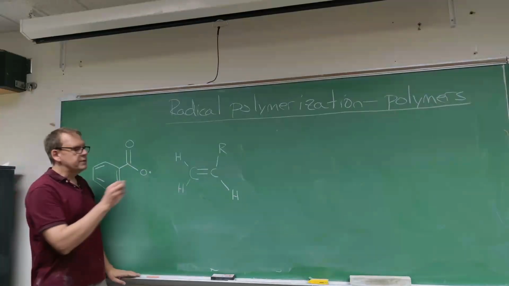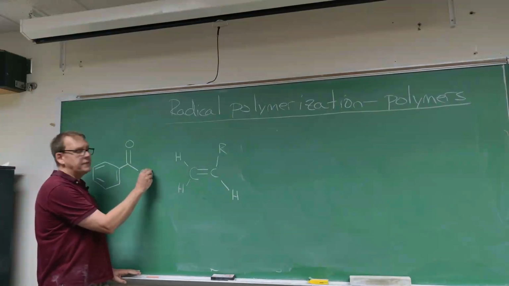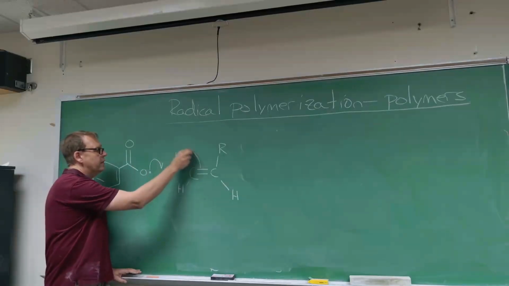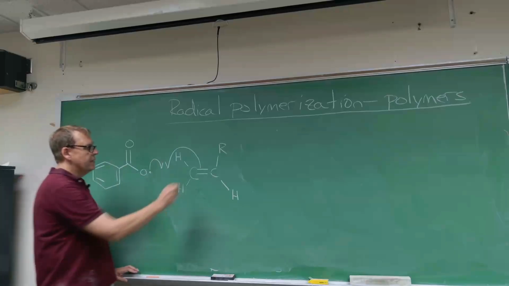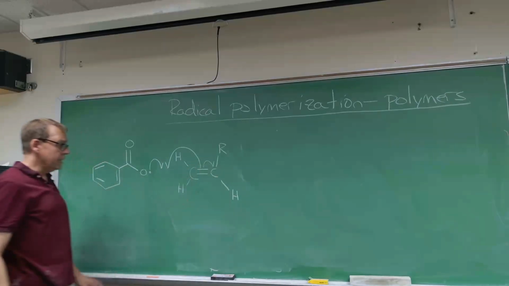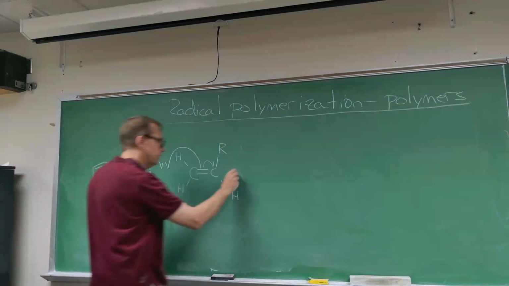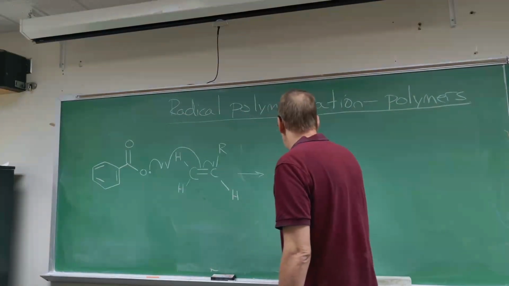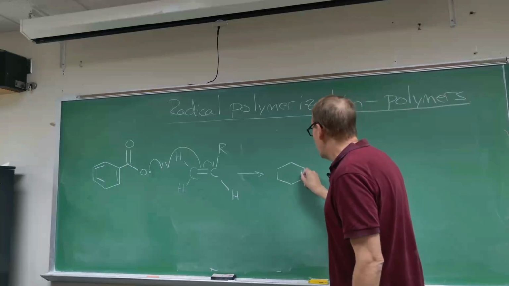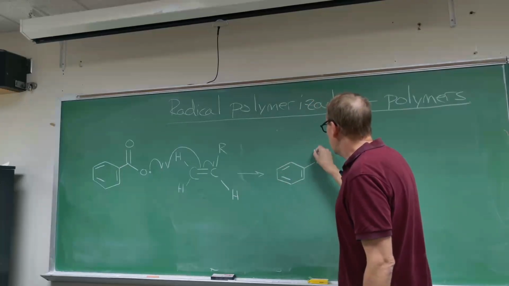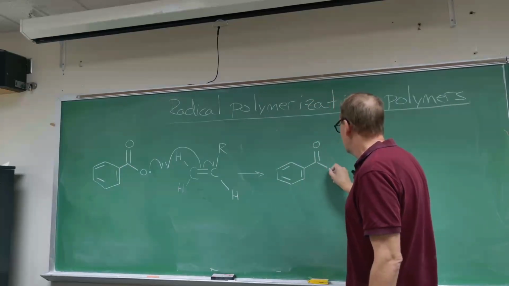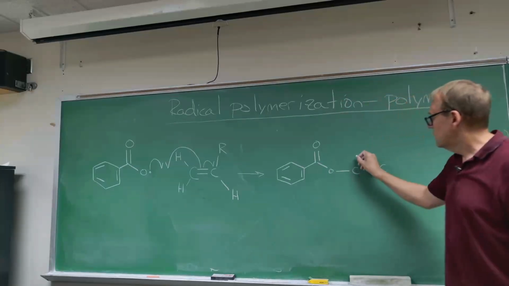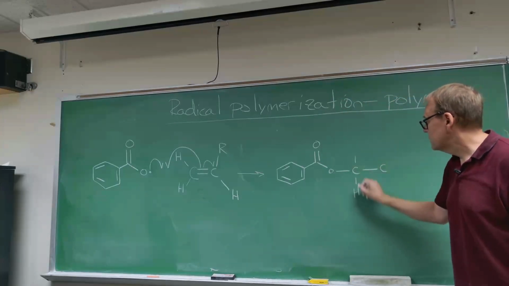You can show that by starting a fishhook arrow at the dot on the initiator radical and showing it pairing up with one of the dots on the alkene, and then the other electron in the alkene pi bond goes to that carbon. So this is technically a propagation reaction because we're not using up any radicals. We're just making a new bond, and we're getting a new radical out of this.